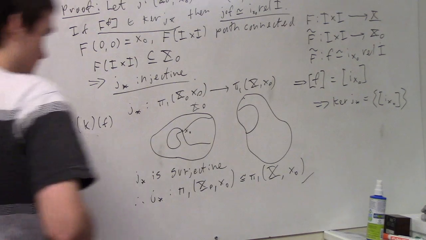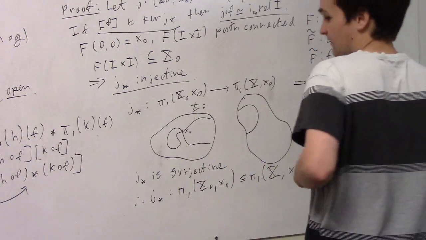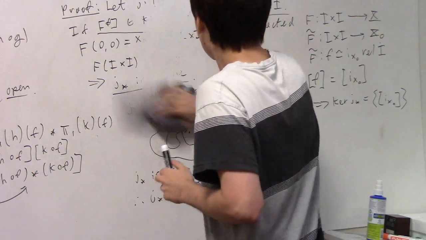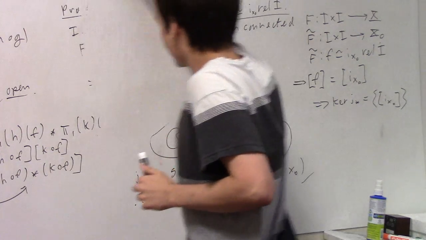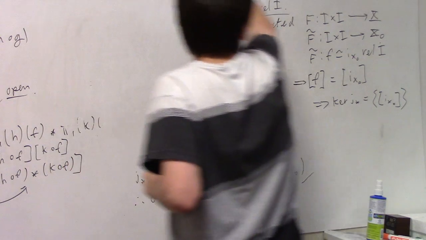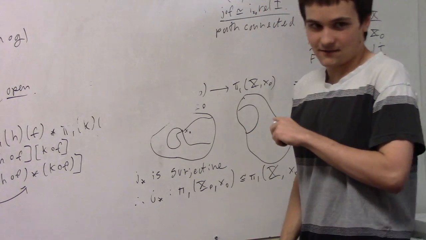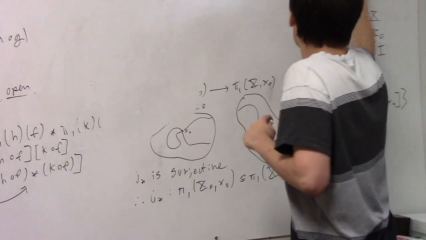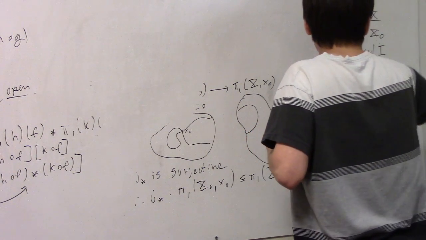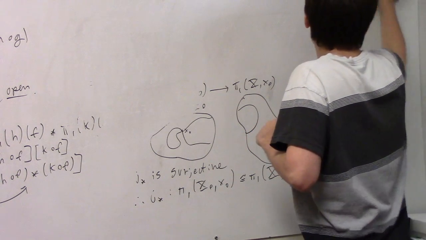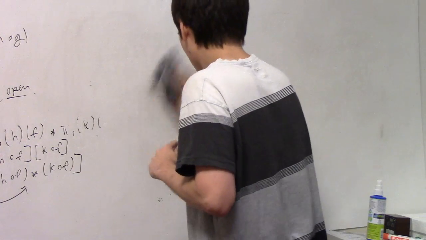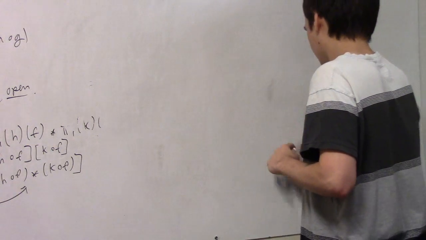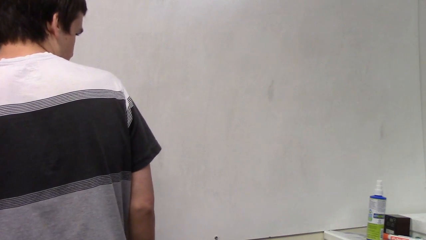Let's see. We're almost out of time. I don't know what else I can cover, but I'll look in a second here. Does that make sense before I erase the rest of it? Okay. We end at 5:30 or 5:35?